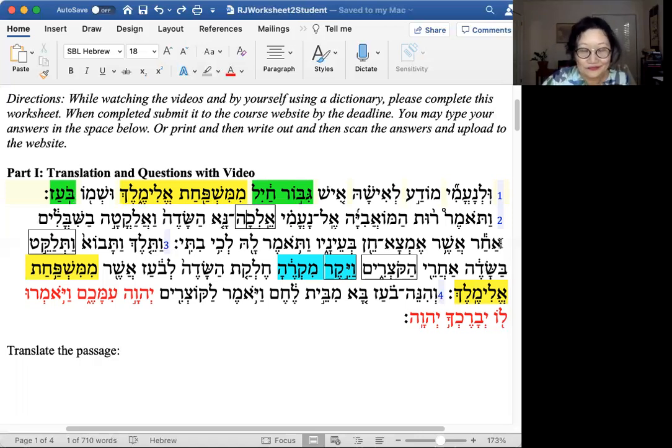Okay, so I'm going to go forward. Ahar asher emtsa-chen be'enav, after whom I find favor in his eyes. So she says, let me go, please, to the field so that I may glean among the sheaves after whomever in whose eyes I find favor. And again, it's interesting, I didn't remark it here, but notice the emphasis on vision that you'll see continually throughout this text.